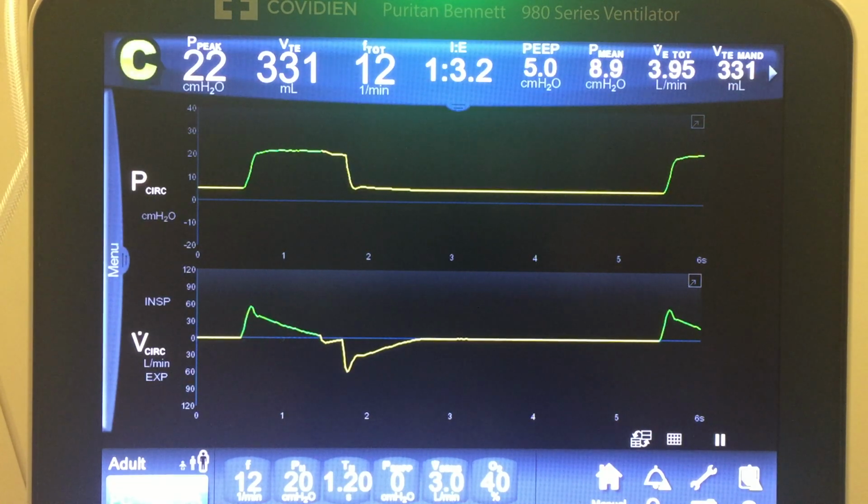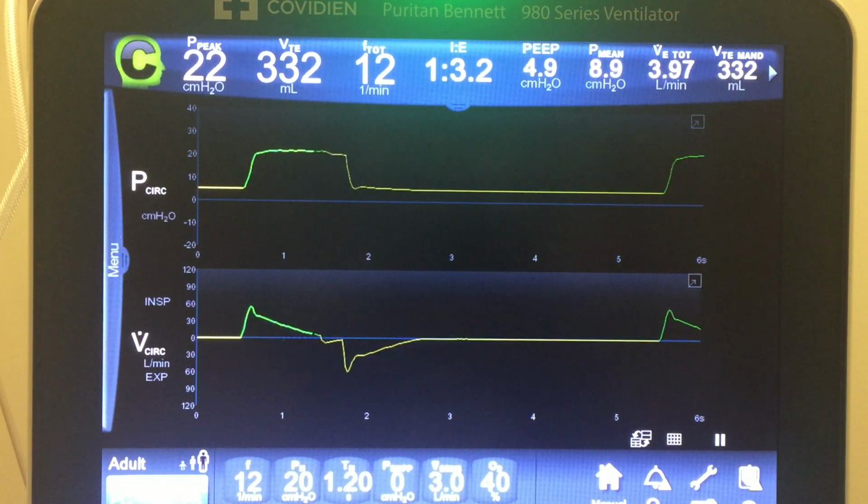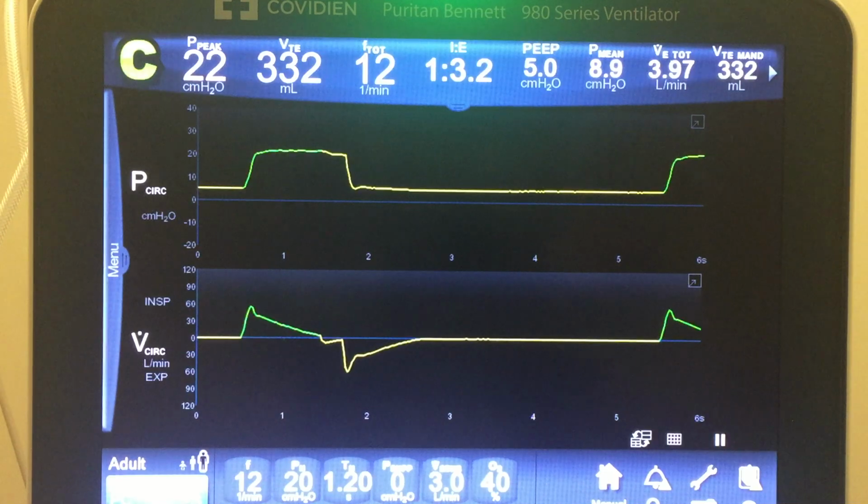Pressure support at PEEP high and PEEP low has a manufacturer default of 1.5 centimeters. Remember, the patient can breathe spontaneously at PEEP high or PEEP low, and every spontaneous breath is aided by 1.5 centimeters of pressure support.